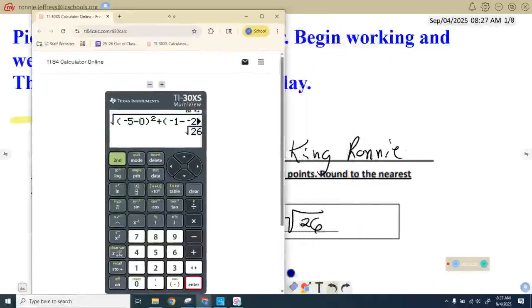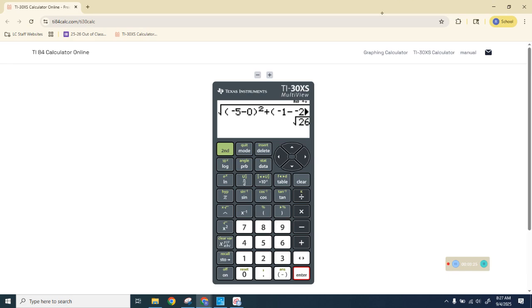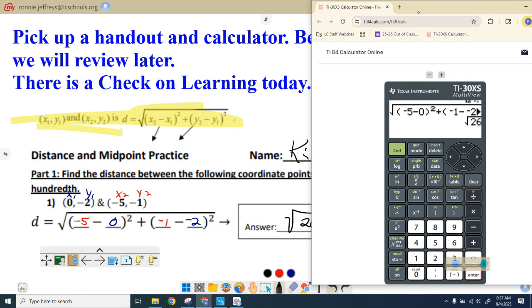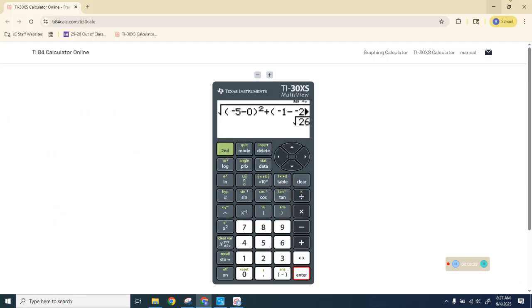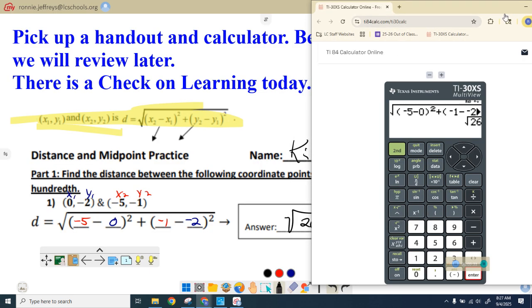And if you ever want to know how to get to the decimal answer from here, you hit the double arrows.